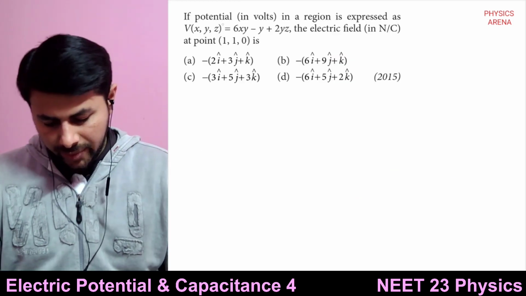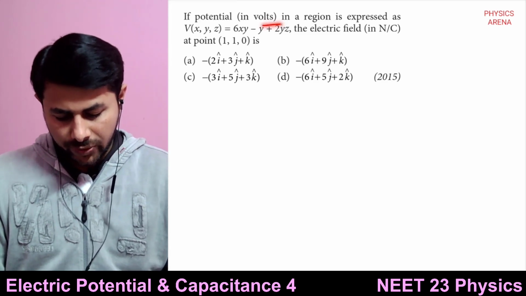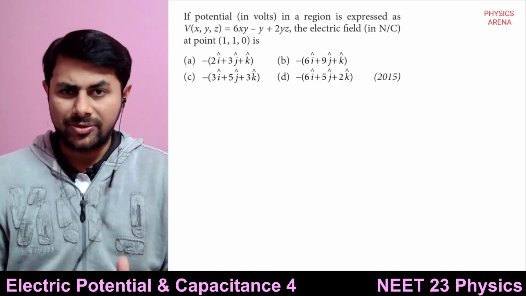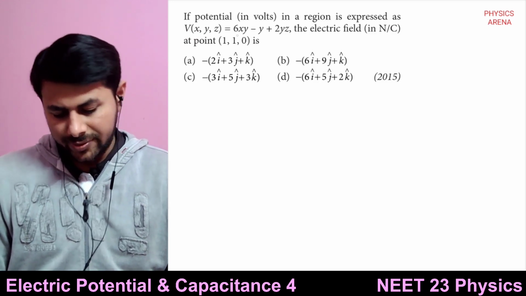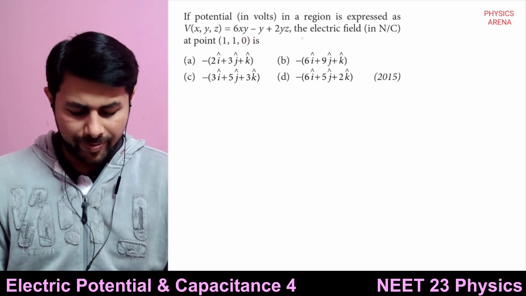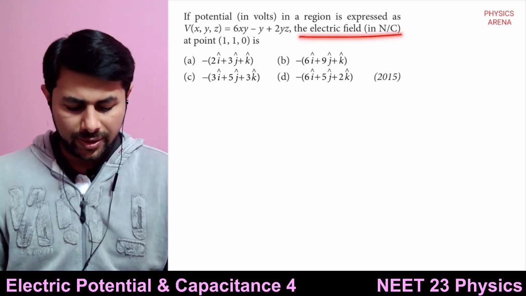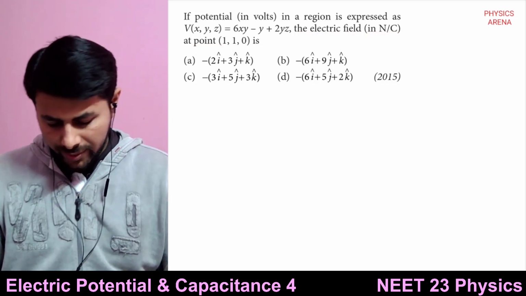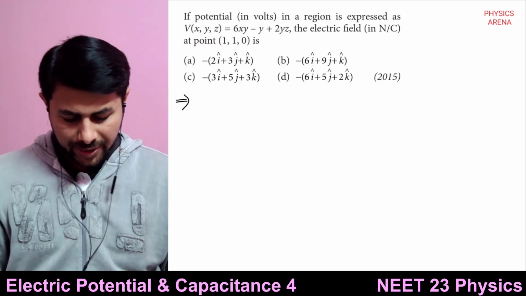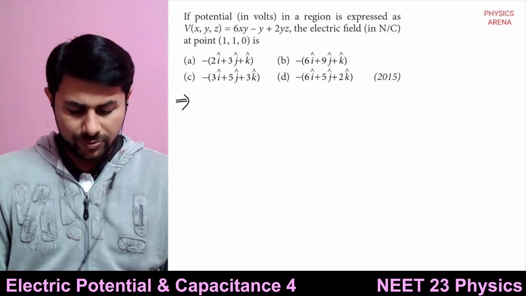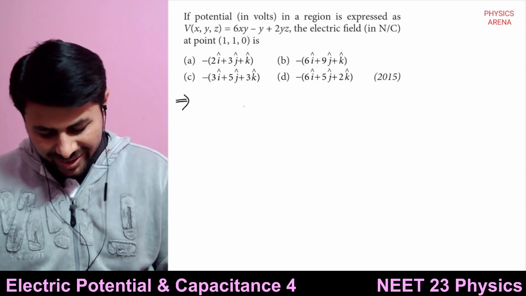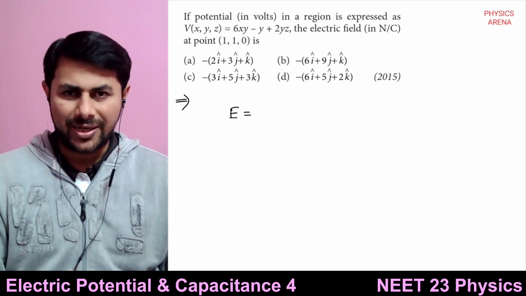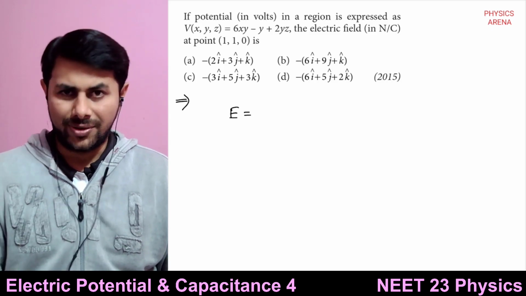If the potential in volts in a region is expressed as V(x, y, z) = 6xy minus y plus 2yz, the electric field in newton per coulomb at the point (1, 1, 0) is? If there is a question like this, we must solve it, right? So, electric field is given by what? Now I am writing it, and you will directly solve.